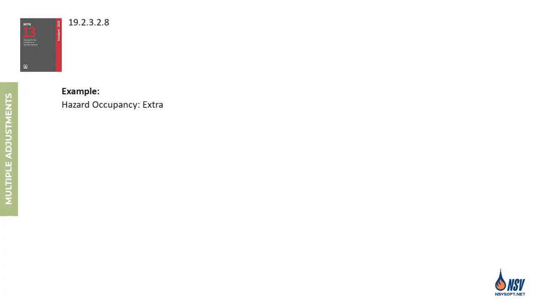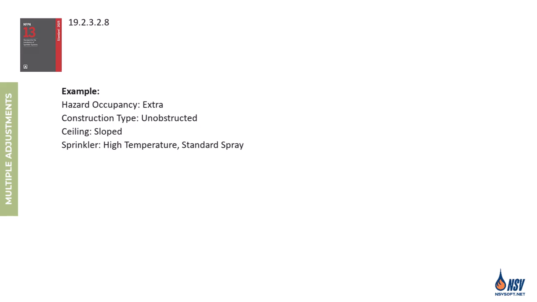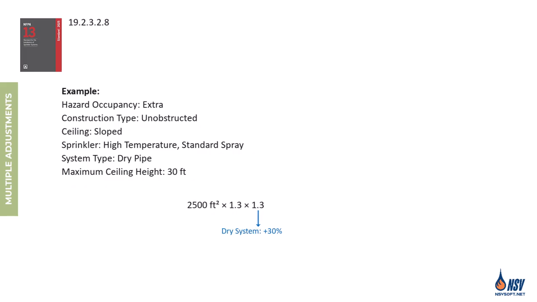For example, in an extra hazard occupancy with unobstructed construction and a sloped ceiling, if we use high-temperature sprinklers on a dry pipe system and the maximum ceiling height is 30 feet, we need to apply 2 increases and 1 reduction to the design area. Starting with a base area of 2,500 square feet, we multiply by 1.3 for the sloped ceiling, 1.3 again for the dry system, and then by 0.75 to account for the reduction allowed by using high-temperature sprinklers.